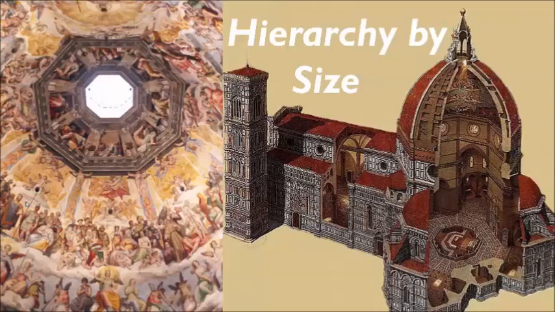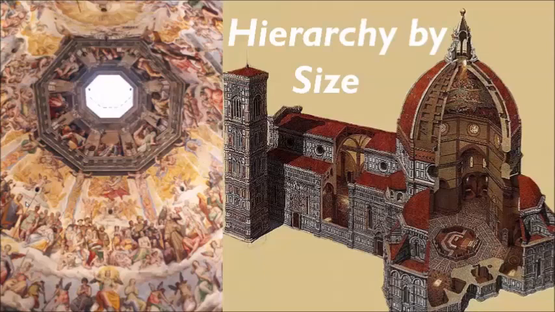But we also look at this because the Duomo and the cathedral itself is more dominant in the skyline and cityscape of Florence than any of the other buildings in the city. Here on the left we're looking at the interior view of the dome, and you can see that it's overwhelming in its size, but also extremely detailed in the paintings and the construction of the murals inside.